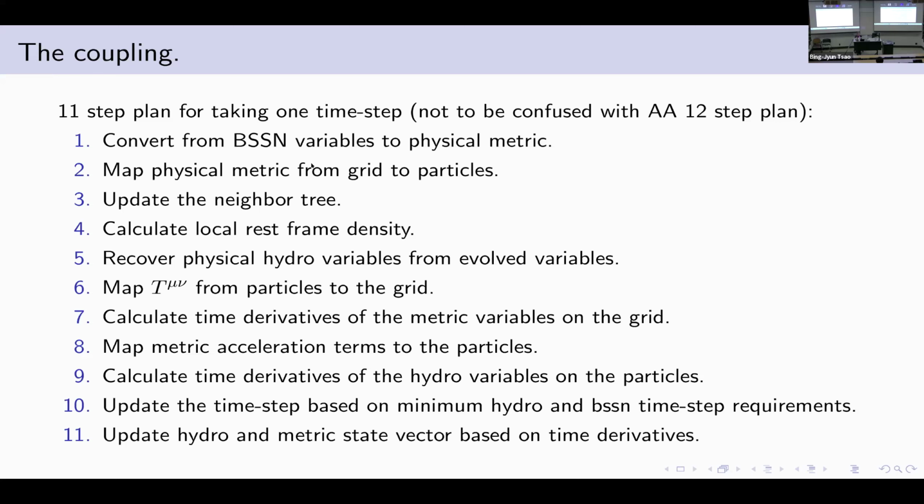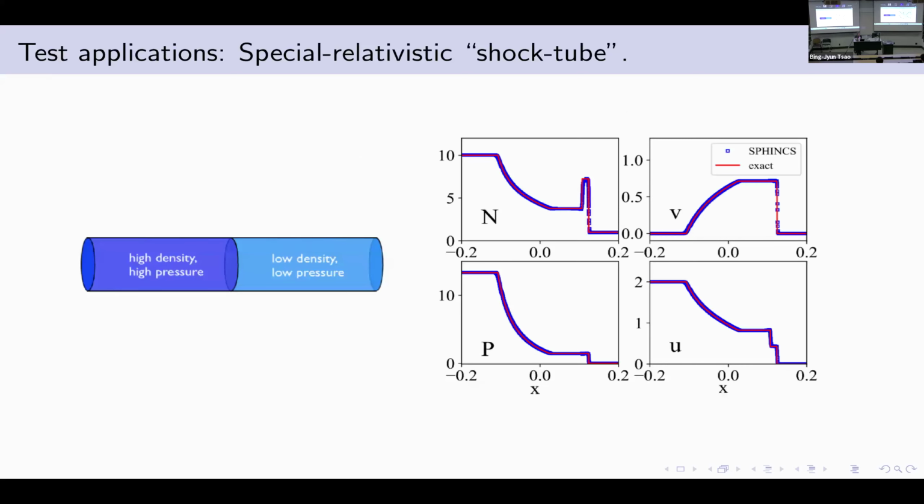Yes, we have added some constraint damping into the BSSN equations from Sachs' prescription. There are spatial derivatives of the metric in the hydro equation. Would you also interpolate to calculate also the derivatives, and then bring it to the particle? Yes.